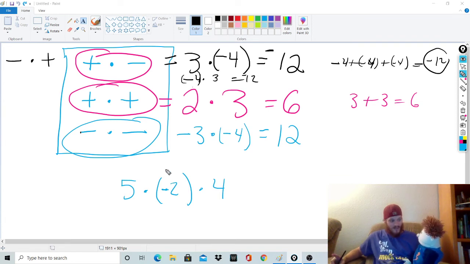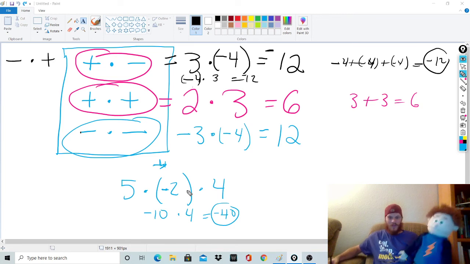So what would I do? 5 times 2, which is 10. Then I look at the negatives. So this is a positive and negative. Positive and negative is always negative. So I'm at -10. So now that I'm at negative, start down here. -10 times 4. Now it's a negative times a positive. Still a negative. So -10 times 4 is -40.